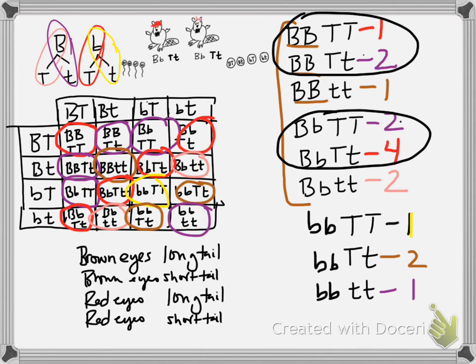So 2, 4, 8, 9. So I have 9 individuals with brown eyes and long tails. These guys have brown eyes but short tails. That's 1. These guys have brown eyes but short tails. So I have a total of 3 who got the brown eyes but got short tails.